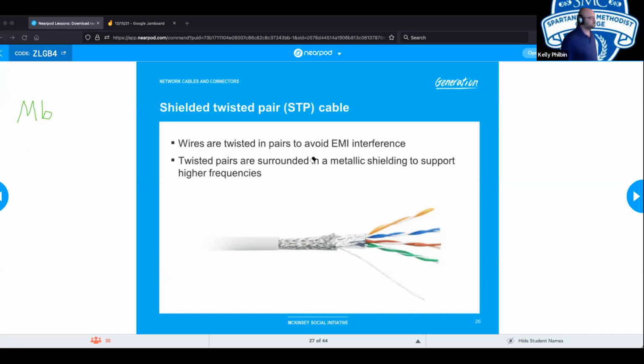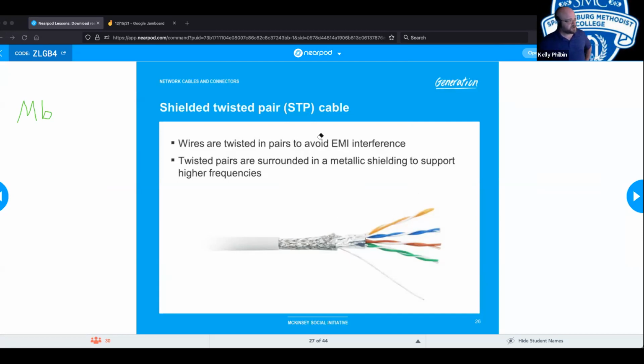All right, shielded twisted pair, or STP cable. This is pretty similar to most Ethernet cables you have, although the majority that you probably have at your house and a lot of times in offices would be what is considered unshielded, which we will get to.